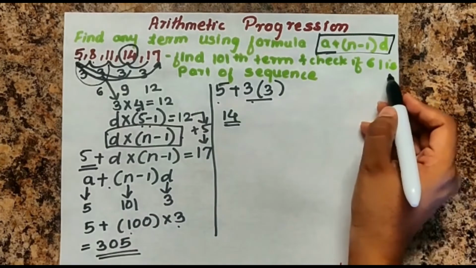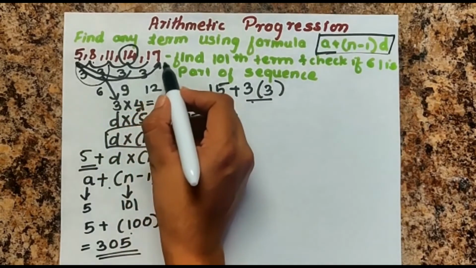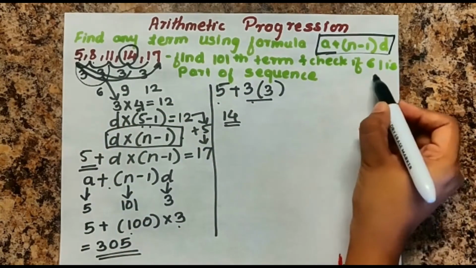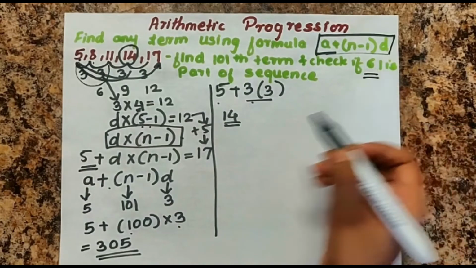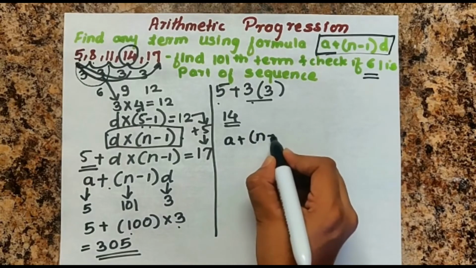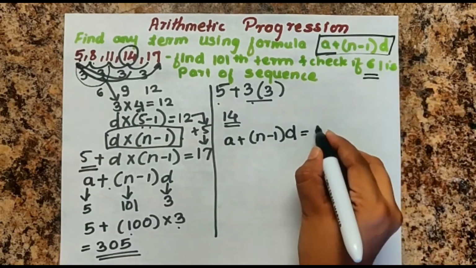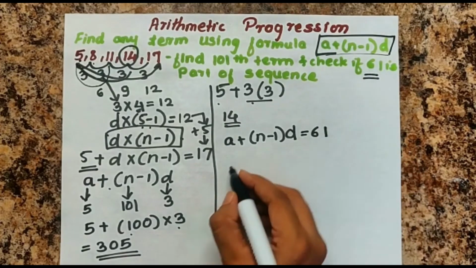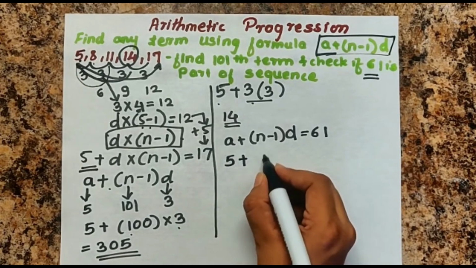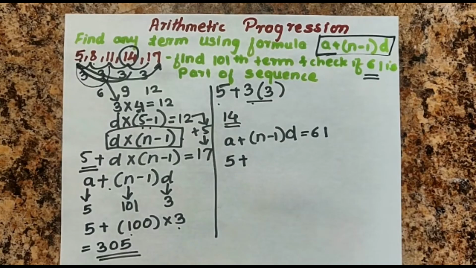Now let's see if 61 is a part of the sequence. Which means if you go on increasing by 3, we should have something in the sequence called 61. So our formula says a plus n minus 1 into d, and we want to check if 61 is a part of it. Here a is 5, which you know, and n we don't know, because we need to first check whether 61 is present or not.